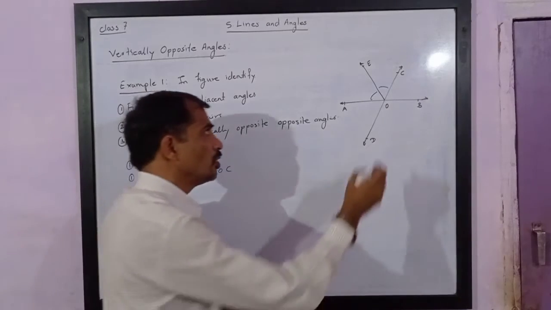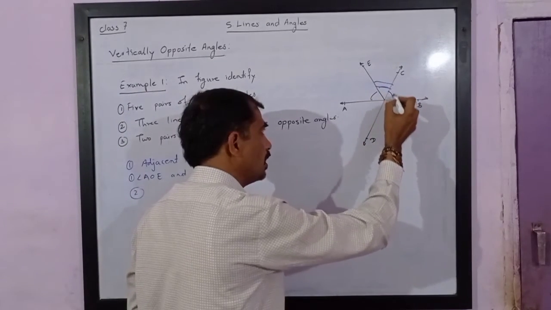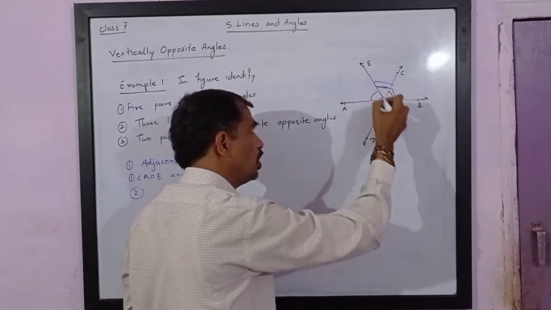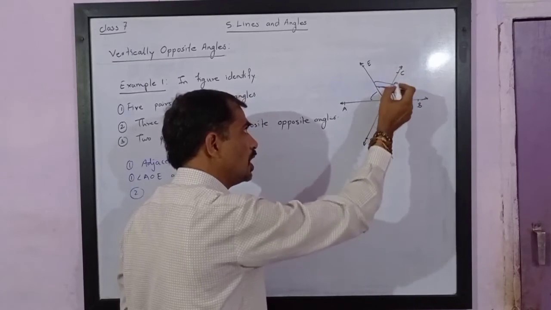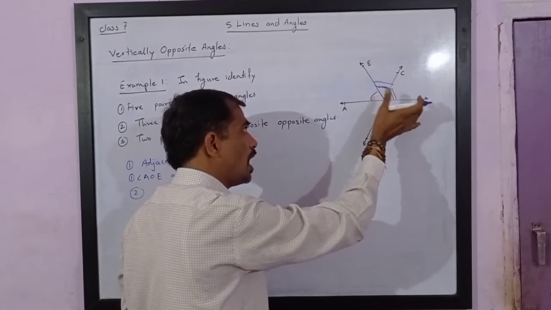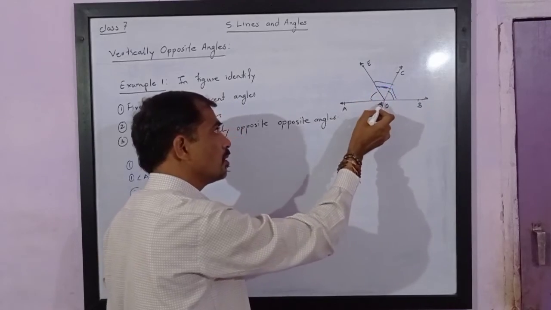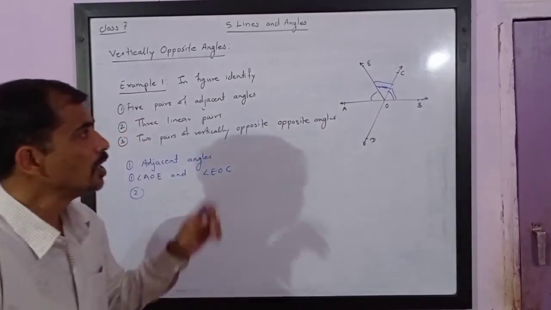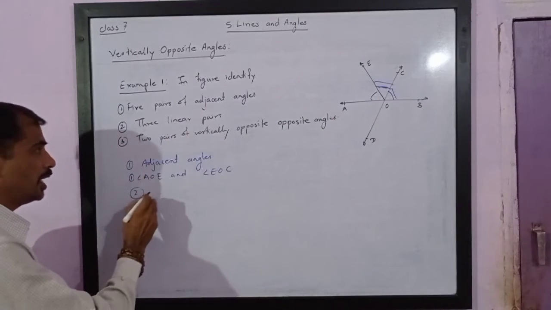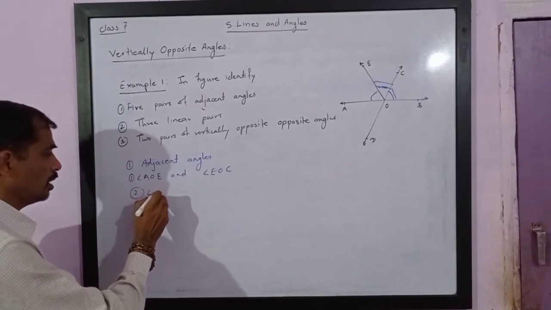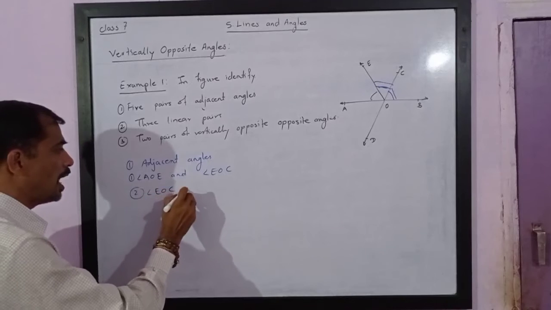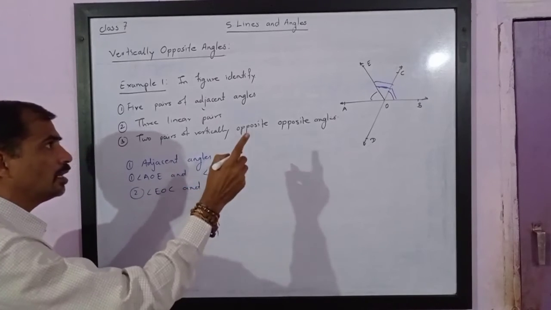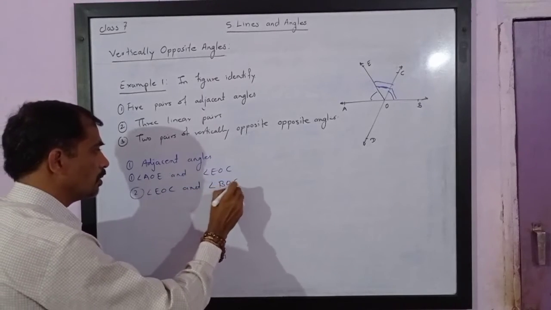Second pair, you can see, is angle EOC and angle BOC. They have one common arm OC and uncommon arms OE and OB are on opposite sides of the common arm. So second pair is angle EOC and angle BOC.